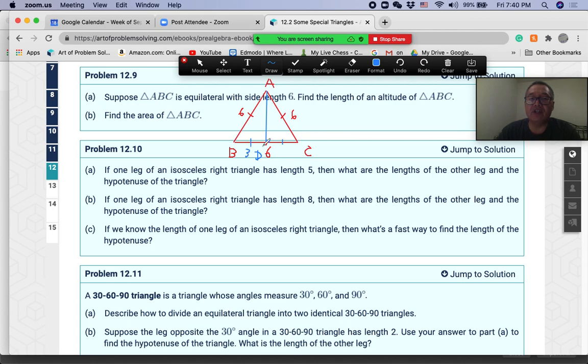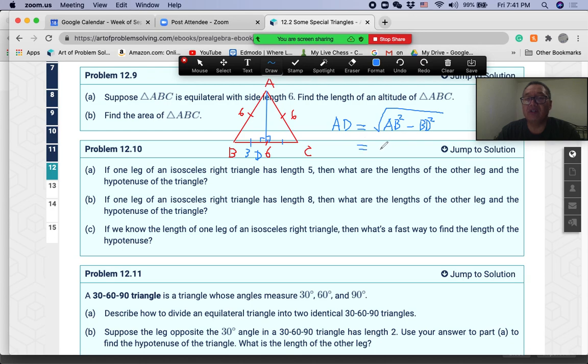Then triangle ABD is a right triangle, and ACD is also a right triangle. So then we can use the Pythagorean theorem. We get AD equals the square root of AB squared minus BD squared.